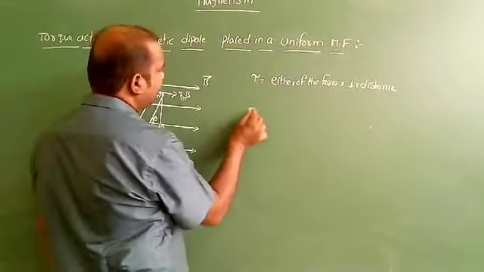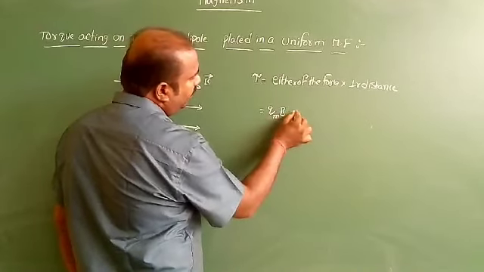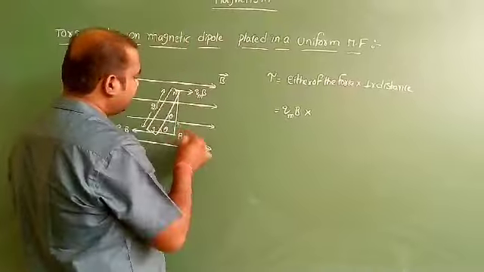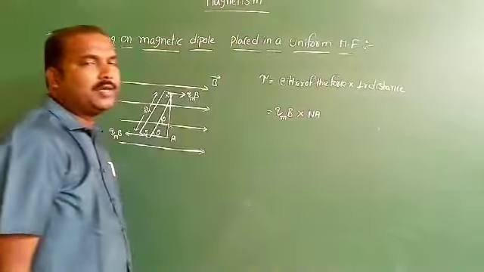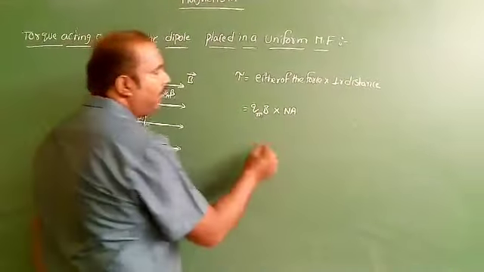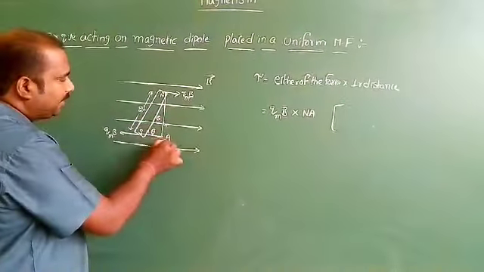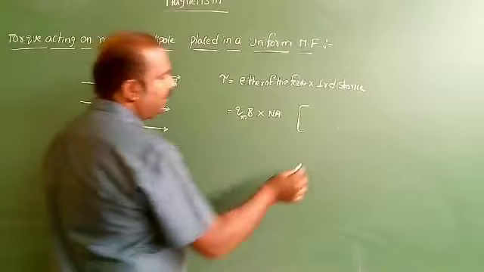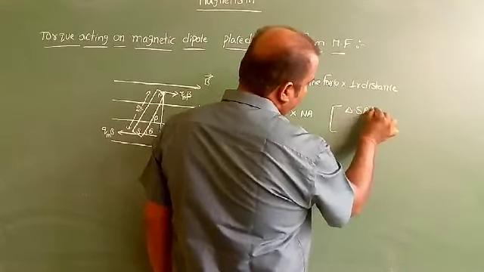Either of the force is nothing but Qm into B, and the perpendicular distance is nothing but NA. NA is the perpendicular distance between these two forces. Now I want to find the value of NA. For that, I am taking this triangle SAN.